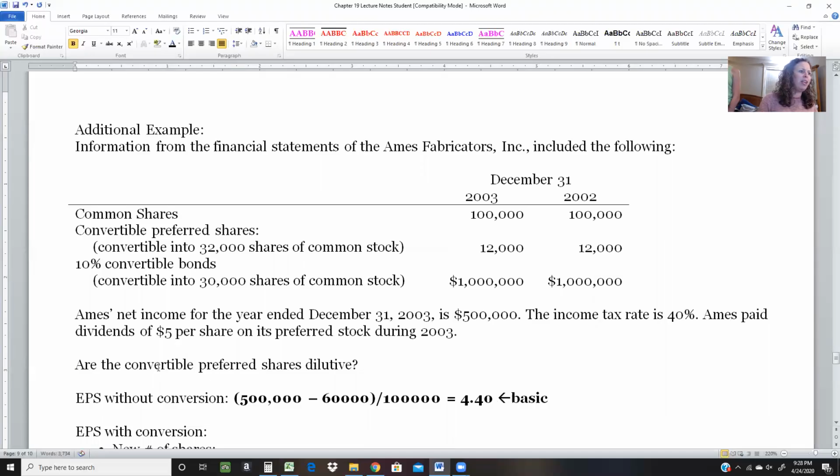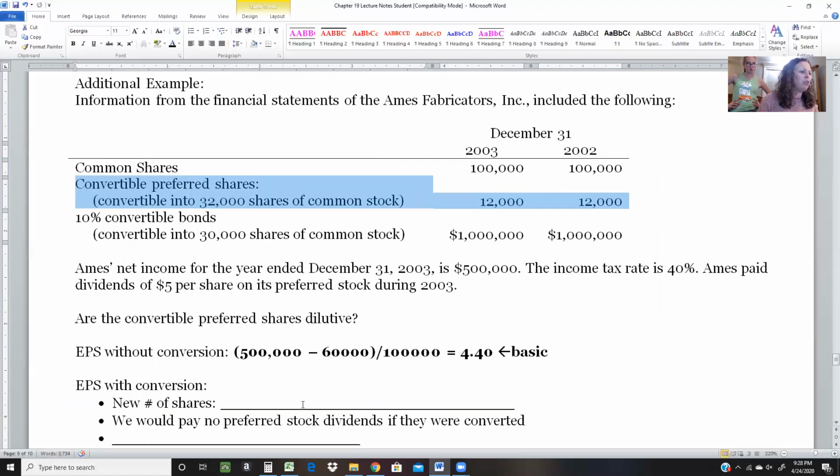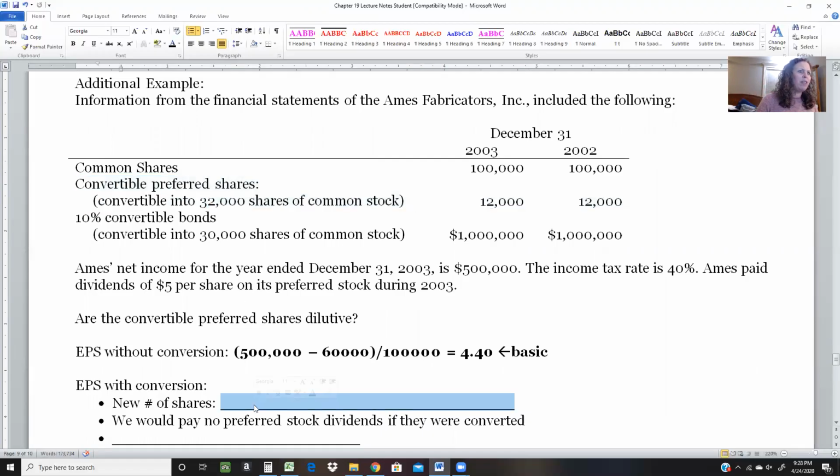And then what I'm looking at are the convertible preferred shares. So the convertible preferred shares, are they dilutive or not? If these people convert, then I would have an additional 32,000 shares. So I'd have 132,000, but we would pay no preferred dividends.